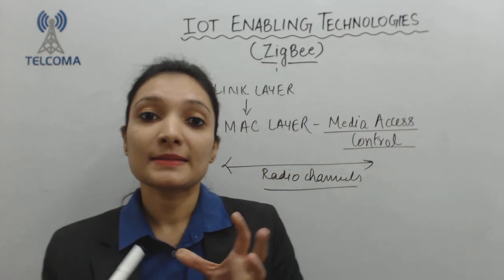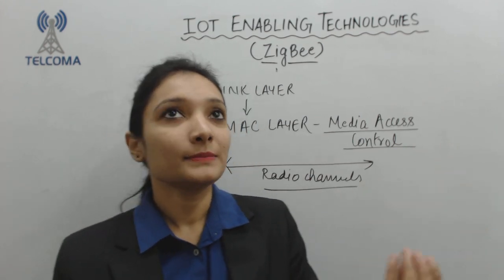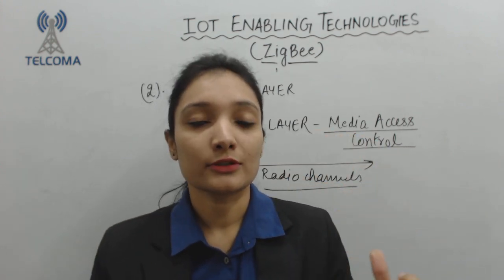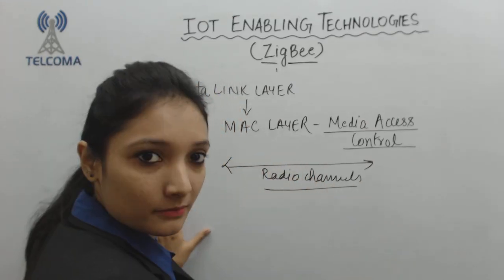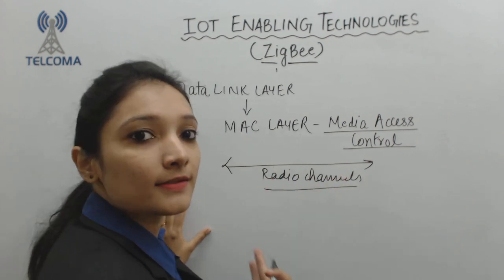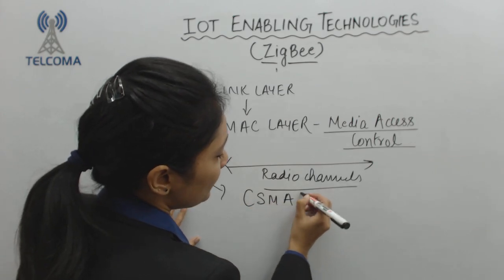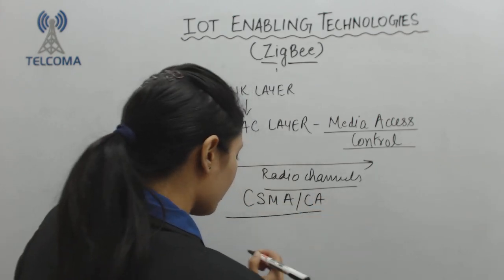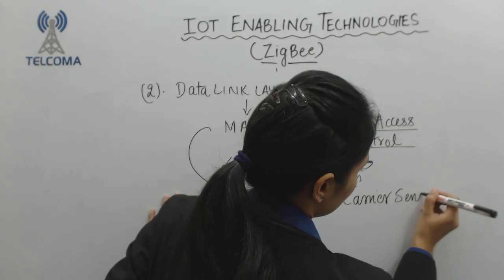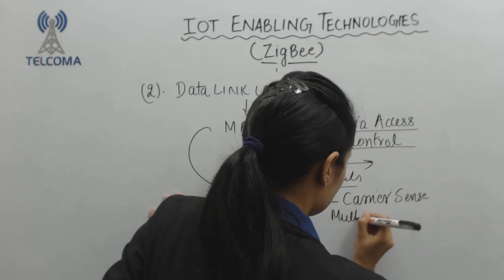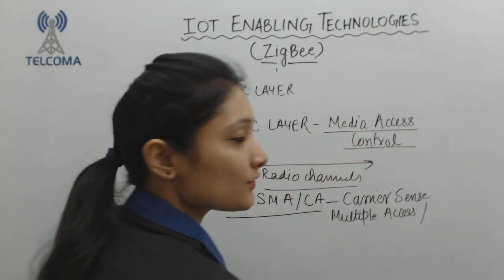So this layer basically specifies that if there are multiple Zigbee instances, then how they will be accessing this shared channel. The basic functionality of this layer is to specify the access mechanisms of this radio channel by the various Zigbee devices. So it implements CSMA/CA, which is carrier sense multiple access with collision avoidance.